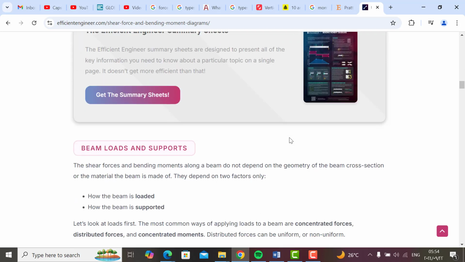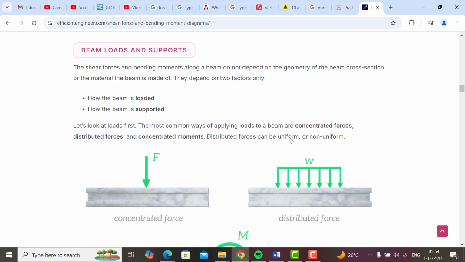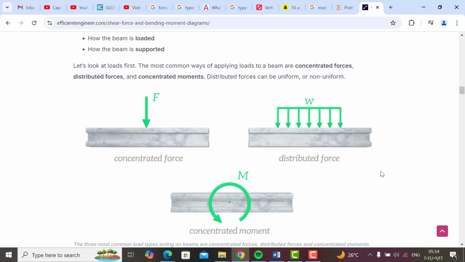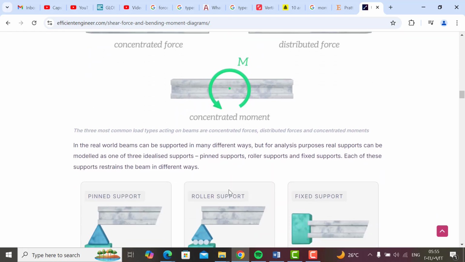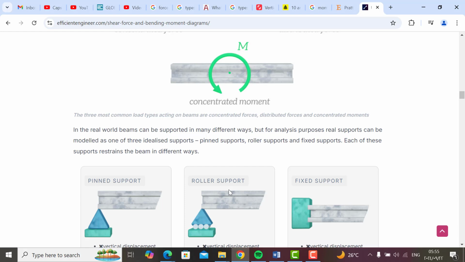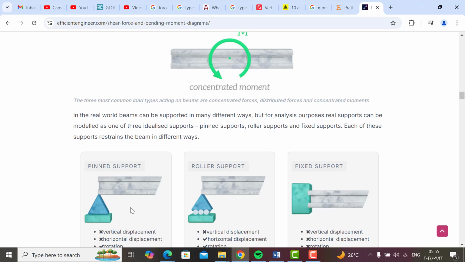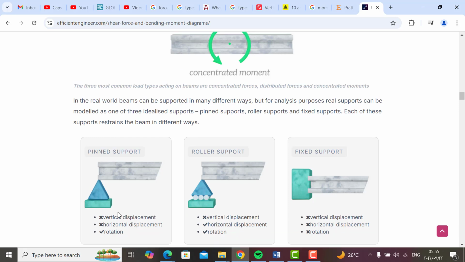This is the concentrated force, this is a distributed force, and here is a concentrated moment that tries to rotate this beam around this joint or this point. Here we have different types of support. This is a pin support, so there is no vertical displacement, no horizontal displacement, but there can be rotation.